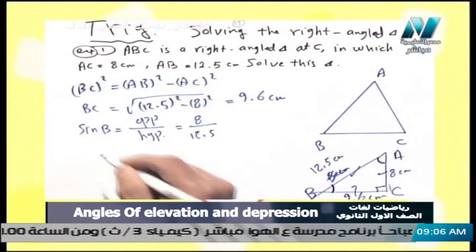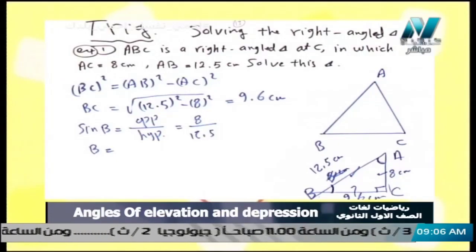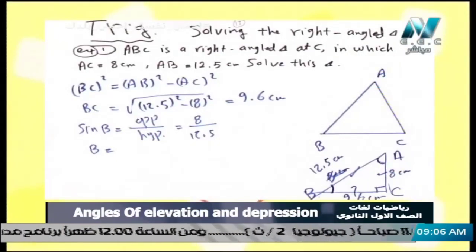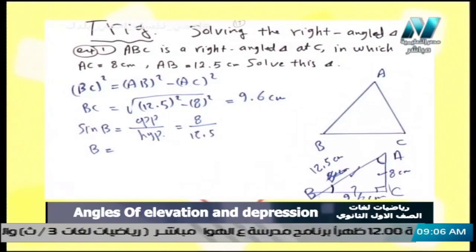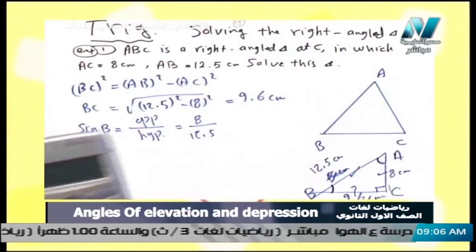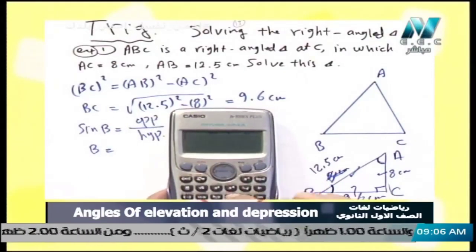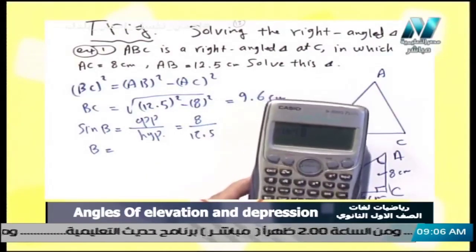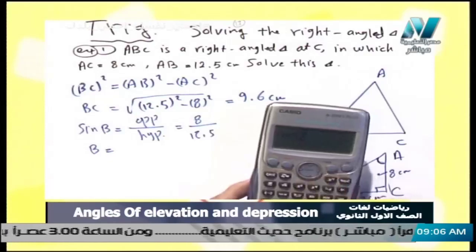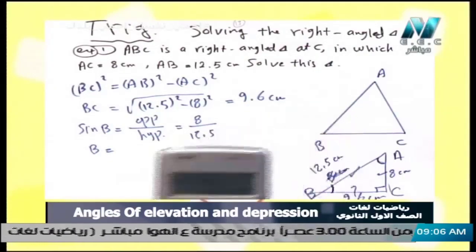So to find the angle B, we will use the calculator and press shift sine of this fraction, 8 over 12.5, equals.